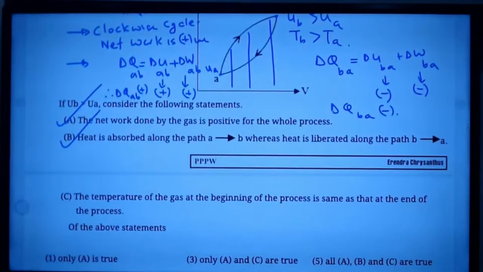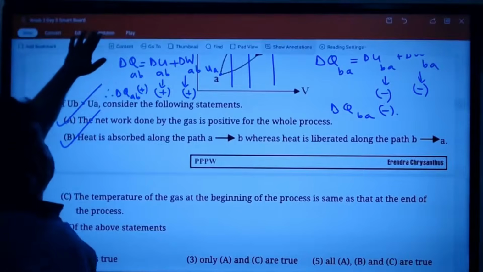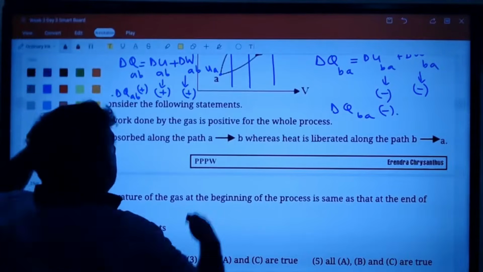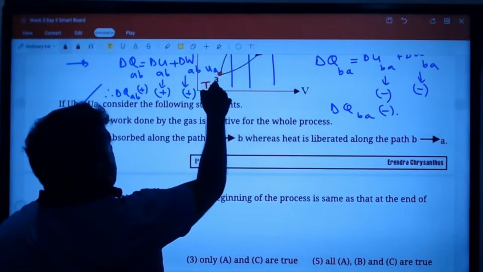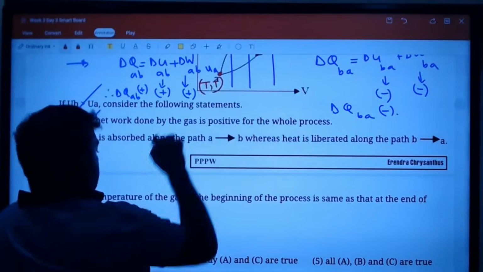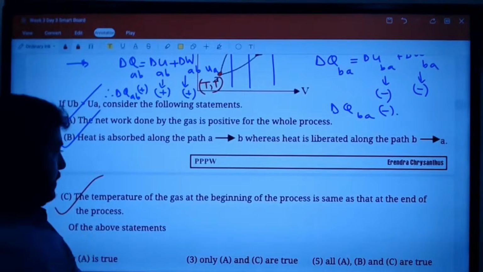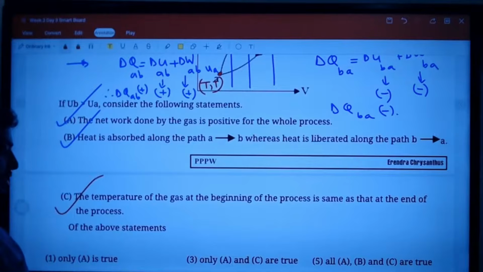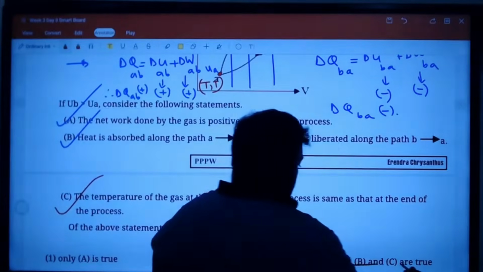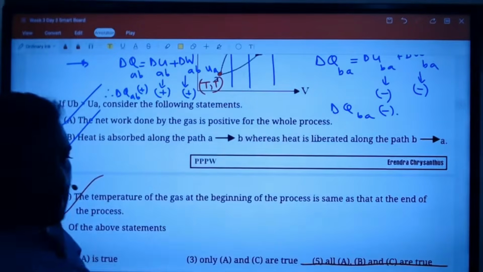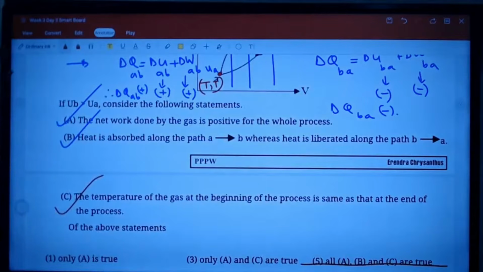Why? Cyclic process. If you mark it here, beginning temperature, finishing temperature, all are the same. C is correct. A, B, C all are true. Answer number 5.